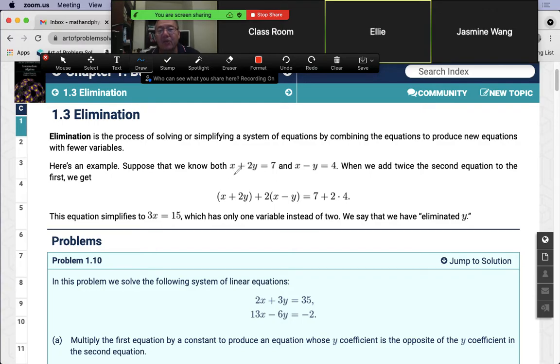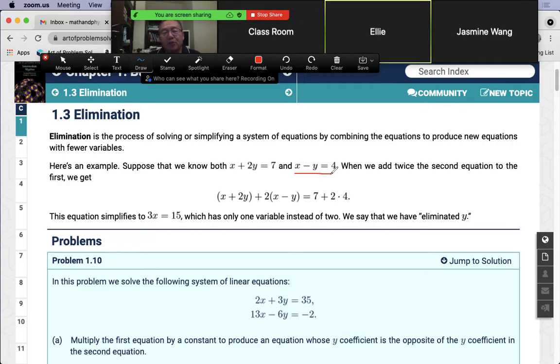You can also try to cancel out x to get y. Then you can solve y first, and after you get y, plug into either of these two equations to find x. So let me ask you a question.